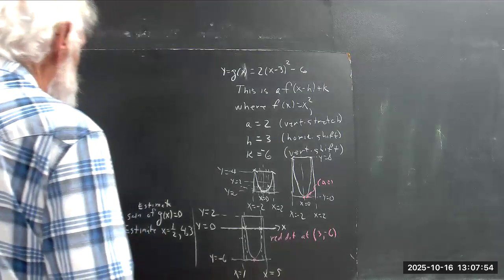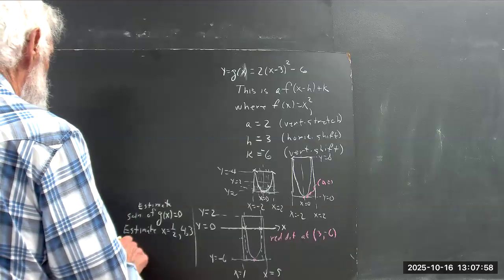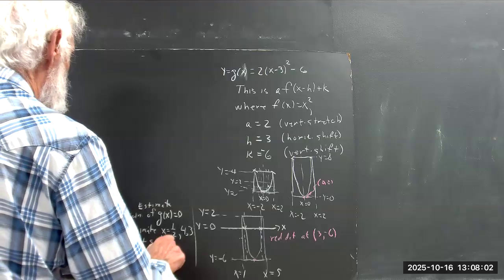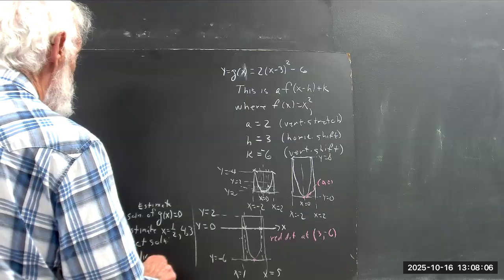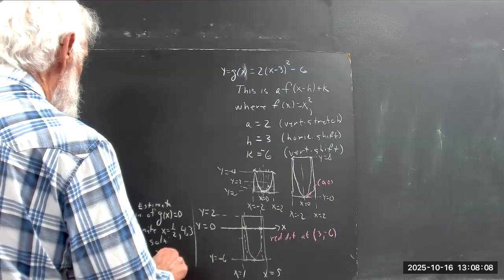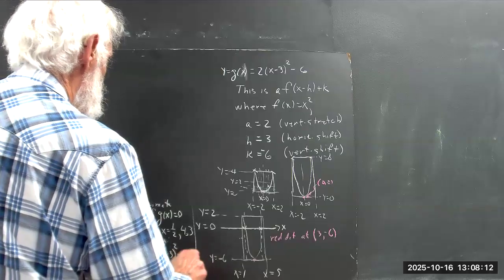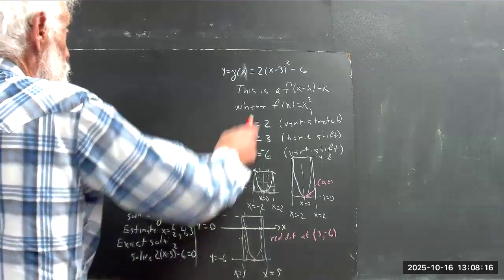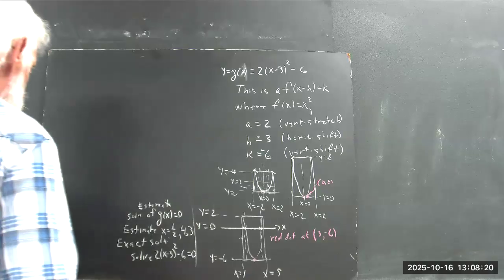Now we could solve G of x is equal to 2 times the quantity x minus 3 squared minus 6.